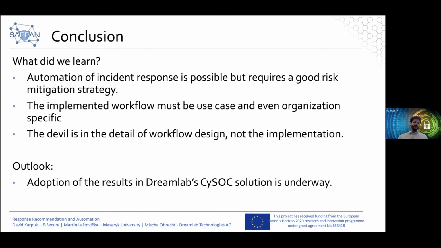And then finally, the devil is in the detail of the workflow design, not really the implementation. So it turned out the implementation of the workflow actually was the easy part, and then turning and twisting things until we were happy with the outcome overall. And here I mean the risk trade-off that I mentioned before. This took some tinkering and actually quite a lot of work, trying different things and different versions of the same workflow.